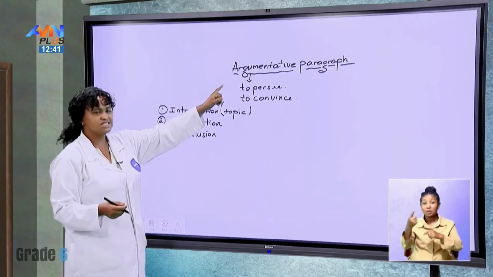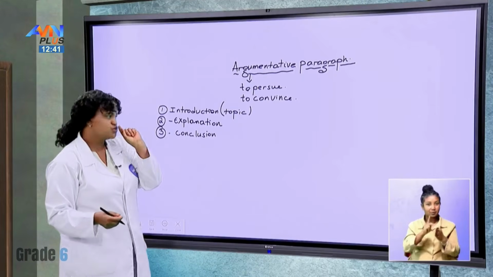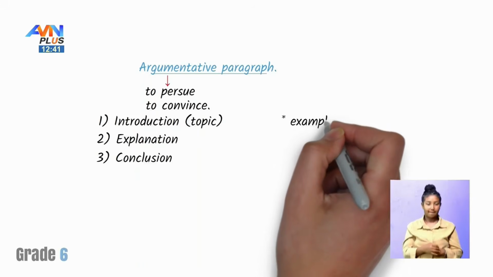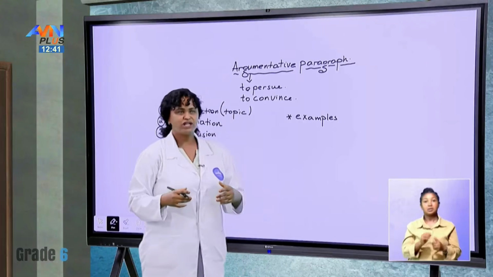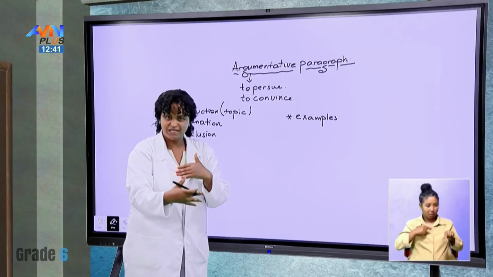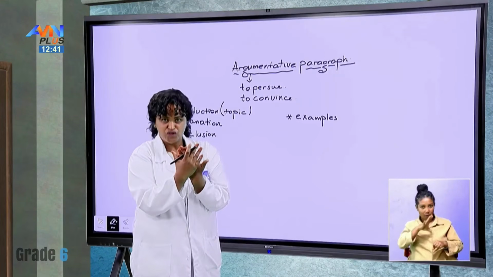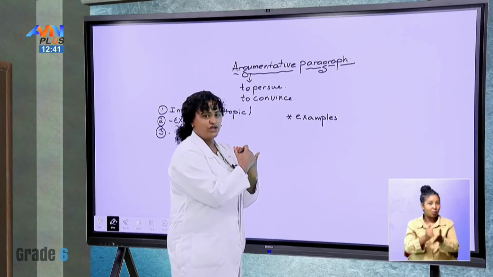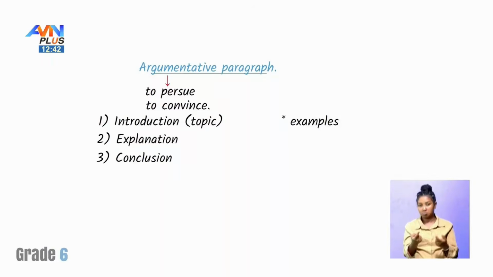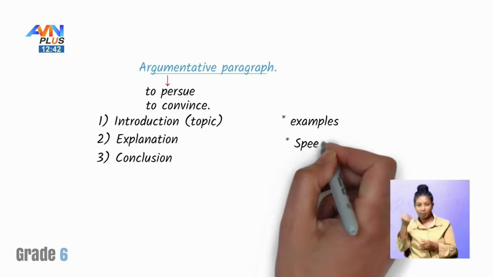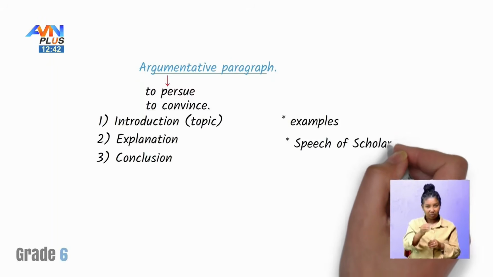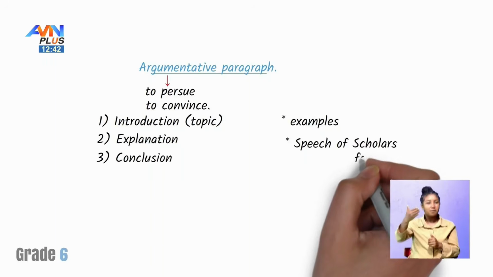But when we come to this argumentative paragraph, it's better to include what? Examples. All right? Since what do we say about argumentative? To argue means to persuade someone or try to convince, to make someone support your idea. So you have to mention examples. Or you can also mention speeches of scholars. It can be scholars or famous people.